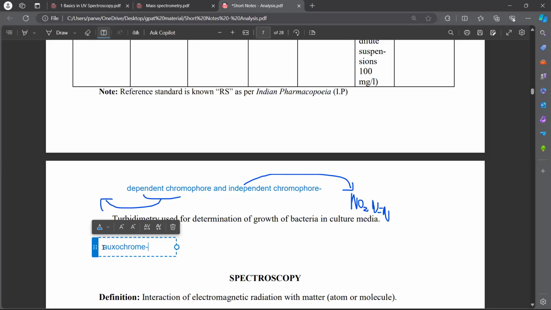OH, CHO, COOH, SO3H, NH2, NHR, etc. Auxochromes are groups which increase the conjugation in a system, and due to their presence, there is an increase in the intensity of the absorption.